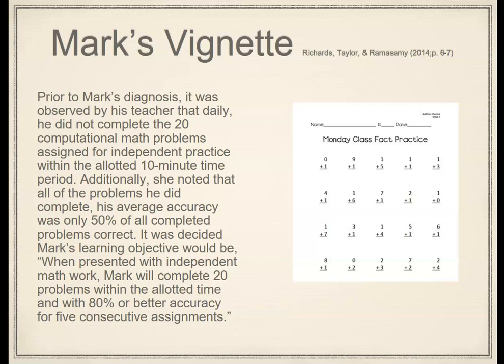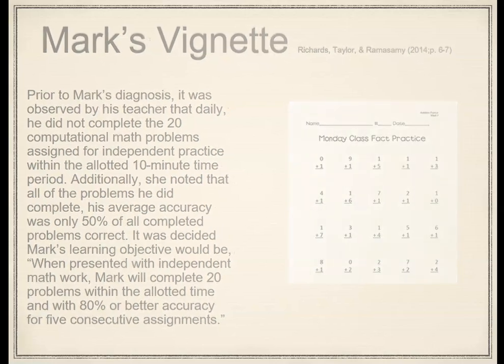Additionally, she noted that of all the problems he did complete, his average accuracy was only 50% correct. It was decided Mark's learning objective would be, when presented with independent math work, Mark will complete 20 problems within the allotted time and with 80% or better accuracy for 5 consecutive assignments.